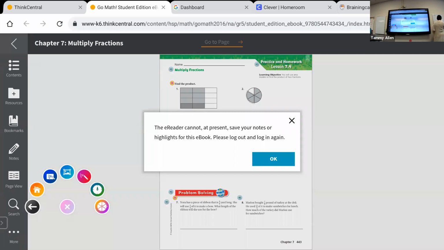Model fraction multiplication. And then we've done a lot of work with polygons, you know, like talk about parallel sides, how many sides it has, you know what I'm talking about? So like, I have 4 sides, so therefore I am a quadrilateral.